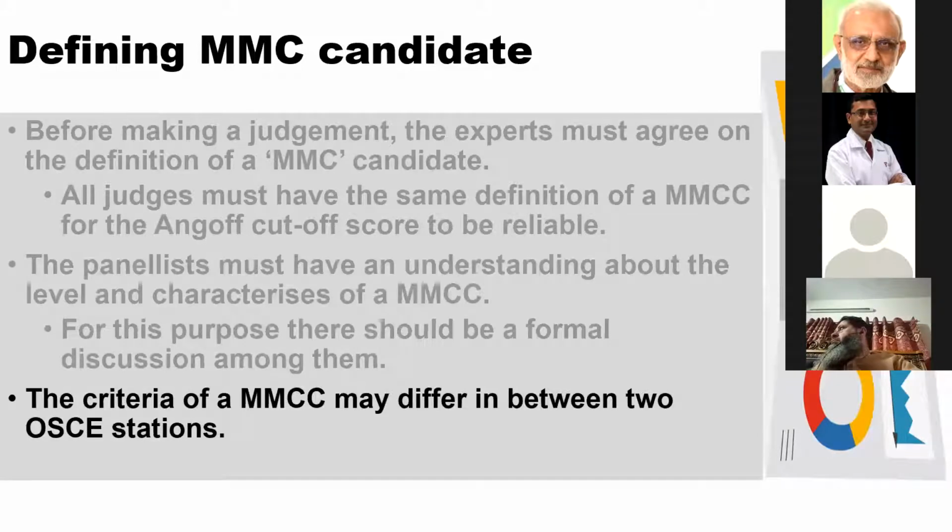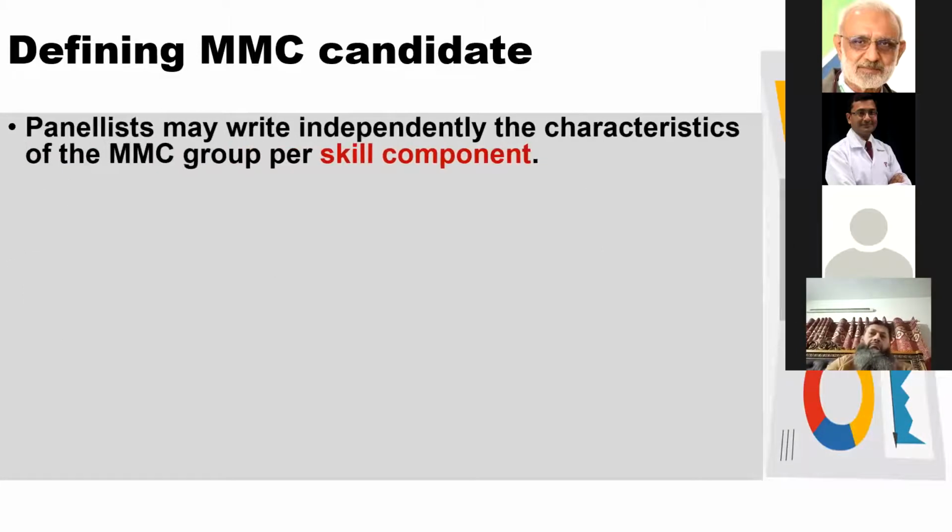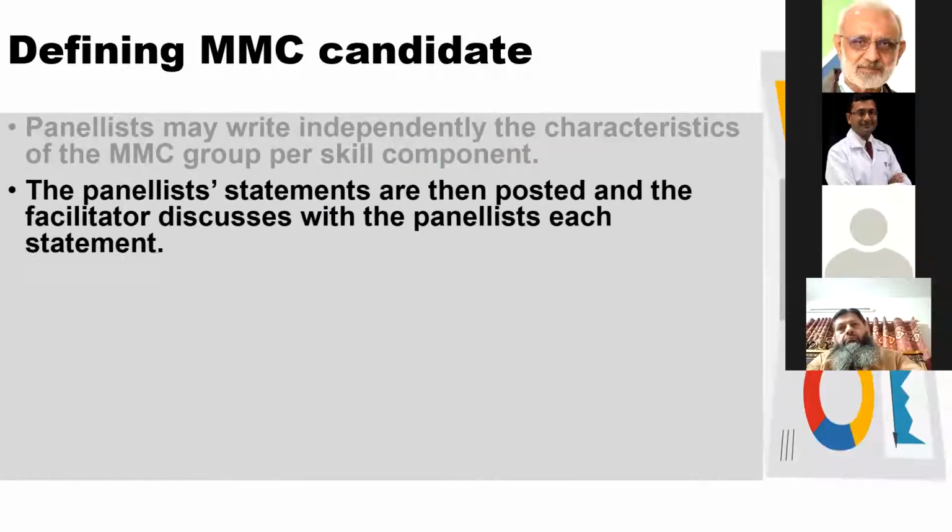The criteria of a minimally competent candidate may differ between two OSCE stations. Panelists may write independently the characteristics of a minimally competent group for every skill component. The panelists' statements are then posted and the facilitator discusses each statement with the panelists to arrive at a consensus.